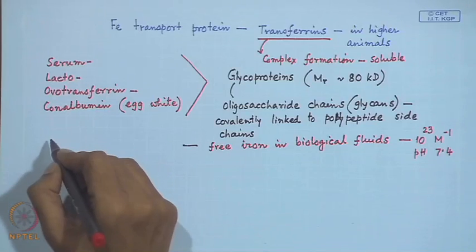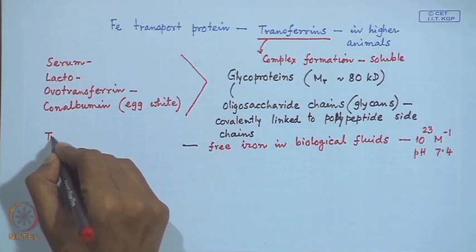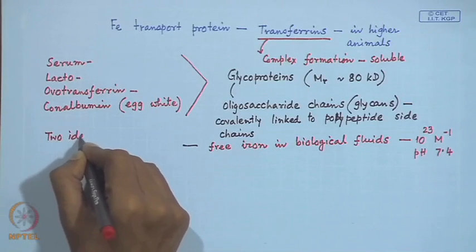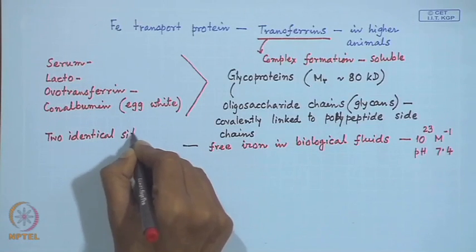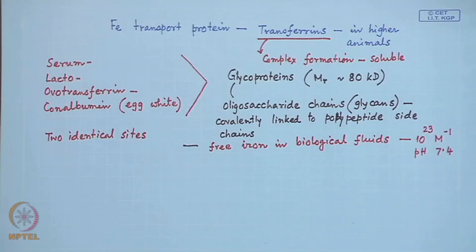So, when it is delivering that iron to the cells, it has two identical sites for iron binding. These two pockets have been identified, and that is why it can be considered a dimeric unit. So, transferrin molecules are therefore dimeric units, with two particular domains where they can bind iron.